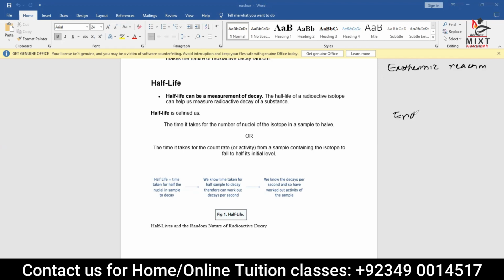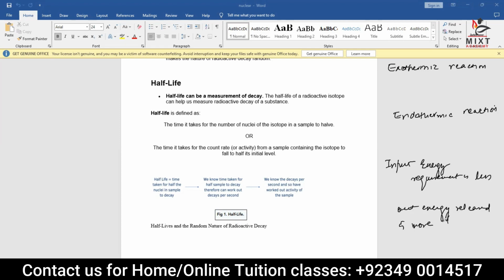When I say endothermic reaction and exothermic reaction, it means two things. Exo means the input energy requirement is less, and the most important part is that the output energy released is more than the energy provided.